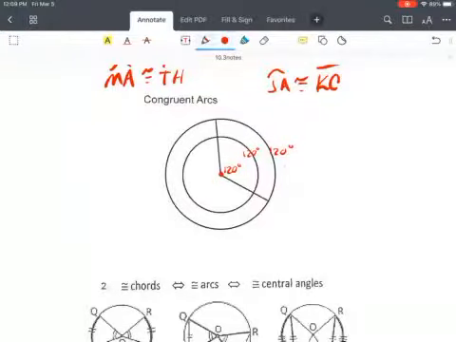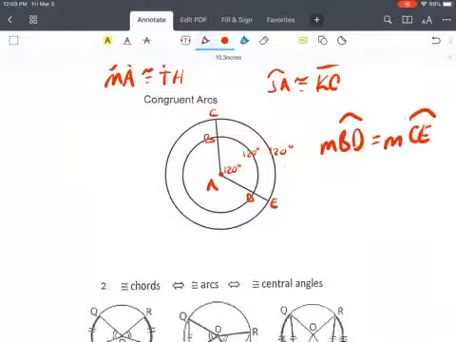If I label these A, B, C, D, and E, the measure of arc BD would be equal to the measure of arc CE because they both have a measure of 120 degrees. But the lengths would not be the same because one circle is clearly bigger than the other circle.